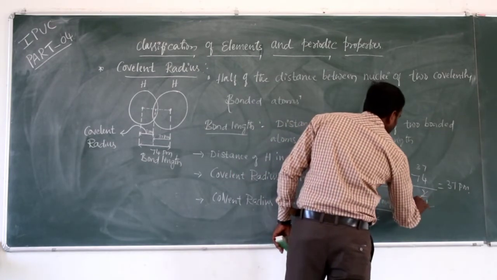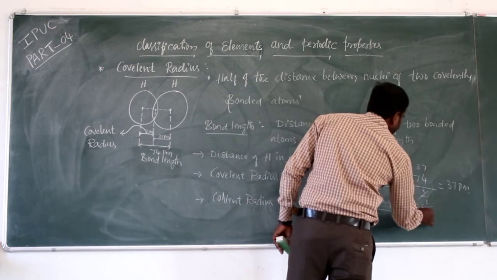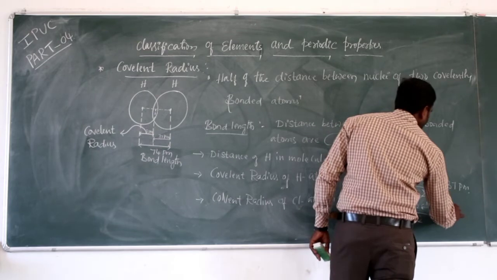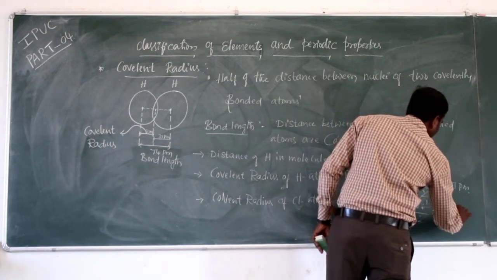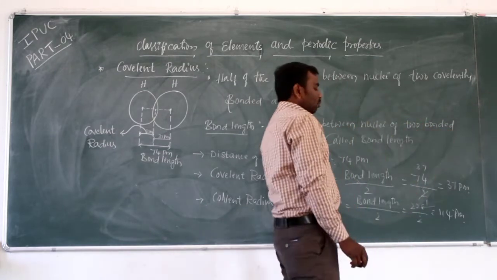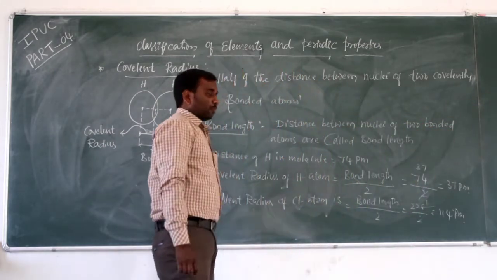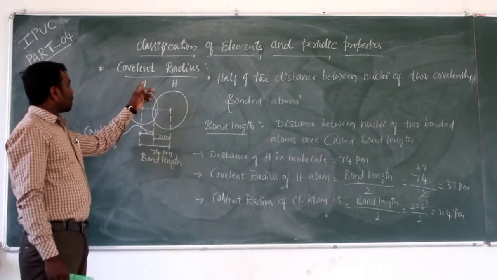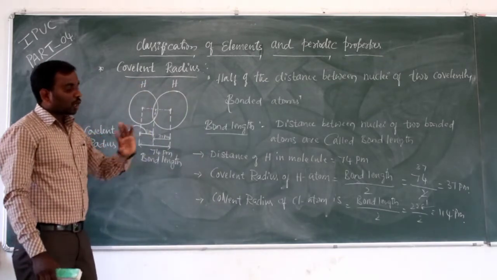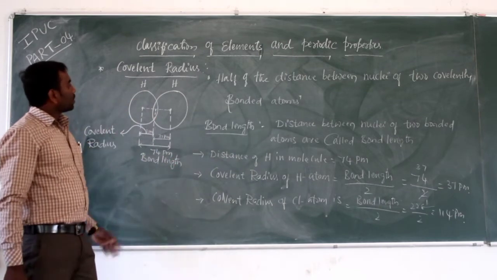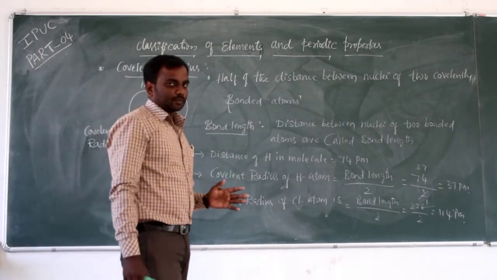Its bond length is 198 divided by 2, which gives 99 picometer. When these hydrogen atoms are replaced by chlorine, this is the covalent radius.